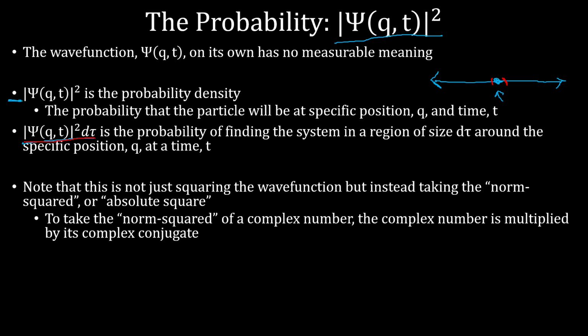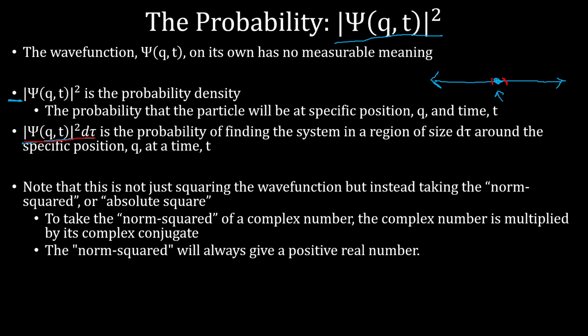So again, it's not just squaring, it's multiplying a number by its complex conjugate. And what's so special about the norm square is that it will always give a positive real number. And that's important because we said up top that this is a probability. We know that probabilities are going to be positive, and they have to be real, because a negative or an imaginary probability wouldn't make sense.